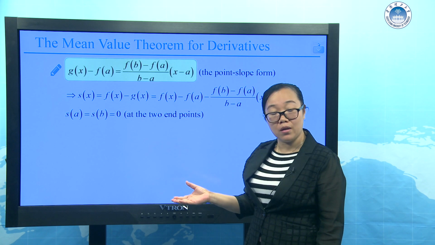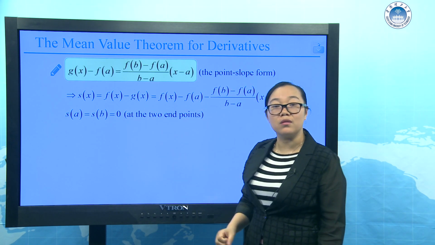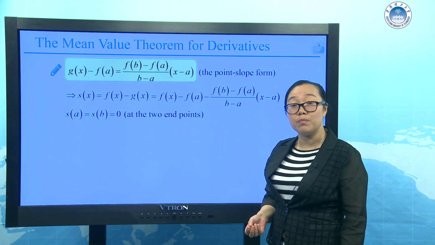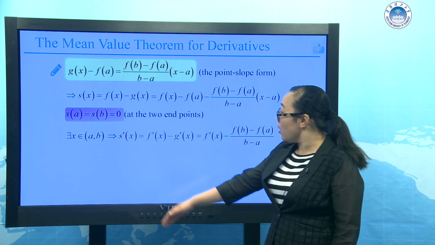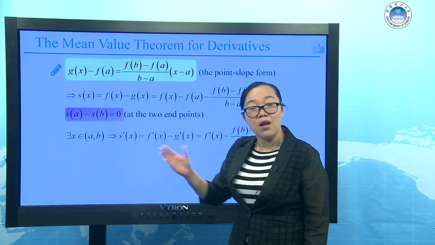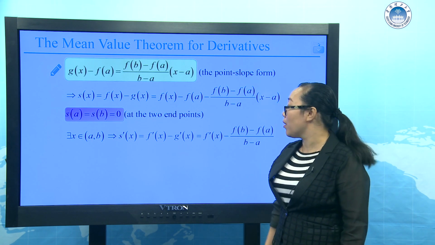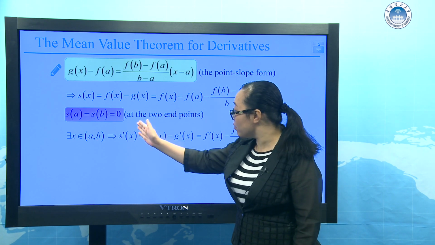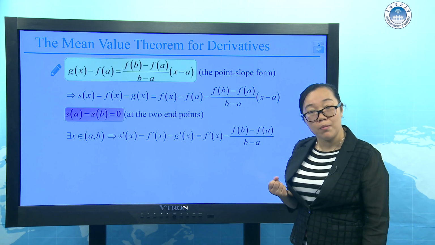The similar meaning: we can get S(b) is still 0, which means at the two endpoints S(a) equals S(b) equals 0. At this time we can get that there exists at least one x belonging to (a, b) satisfying f'(x) equals... what is our f'(x)?